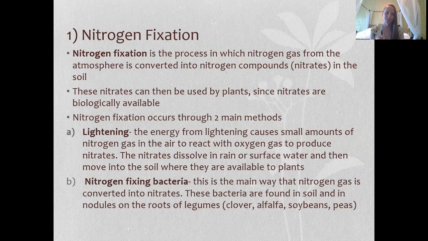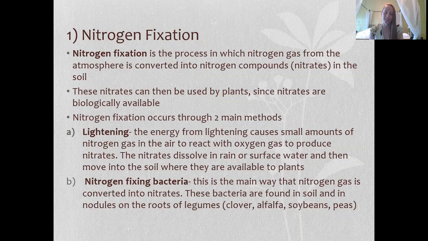Okay, so the first process that we're going to be looking at is nitrogen fixation. This is when nitrogen gas in the atmosphere is converted into nitrates, which are found in the soil. These nitrates can then be used in plants because they are biologically available, unlike nitrogen gas. And there are 2 different ways that nitrogen fixation happens.